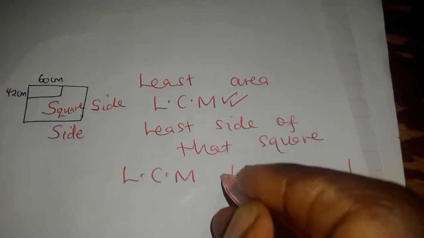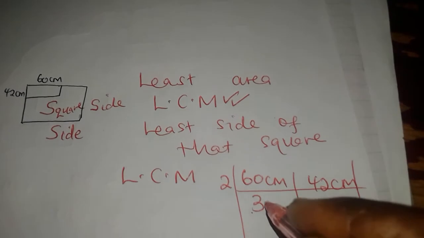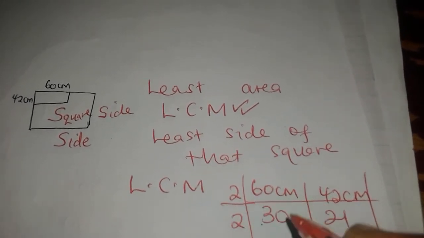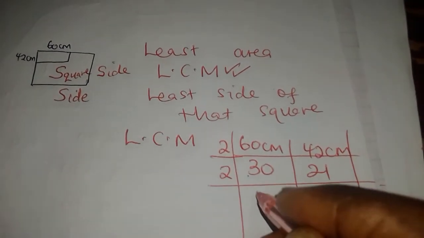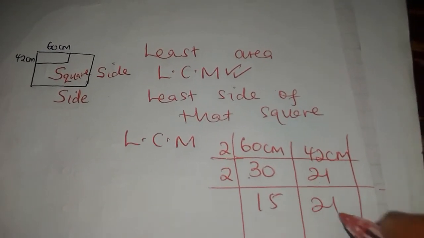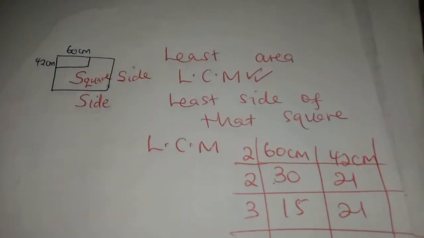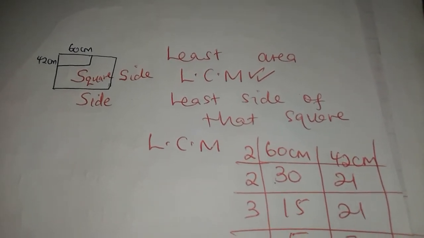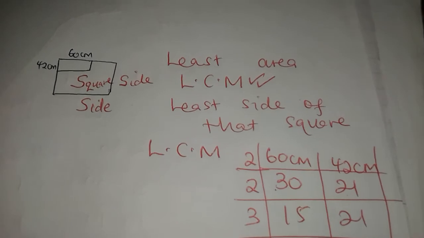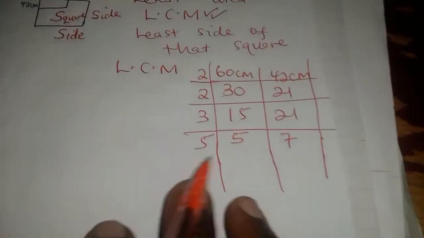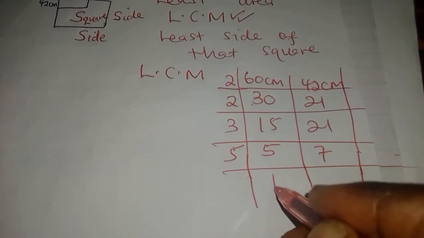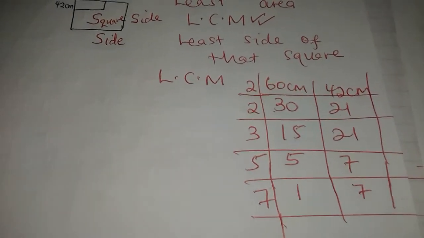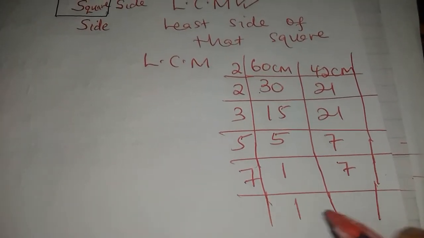I'll divide by 2 to get 30 and 21, and 2 again works to get 15 and 21. Using 3, I get 5 and 7. Using 5, I get 1 and 7. Lastly I use 7, and I get 1 and 1.